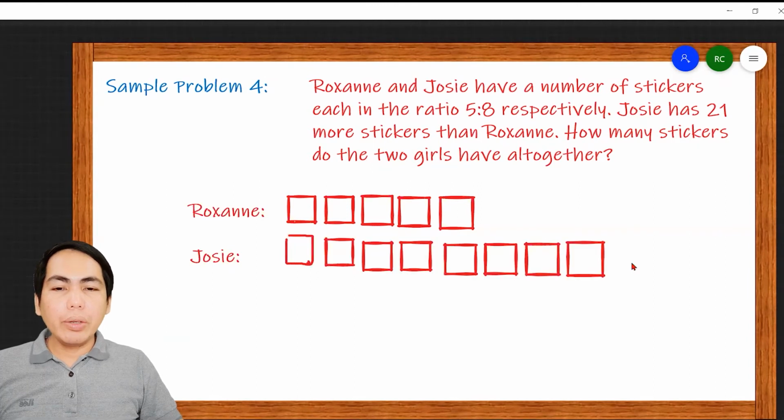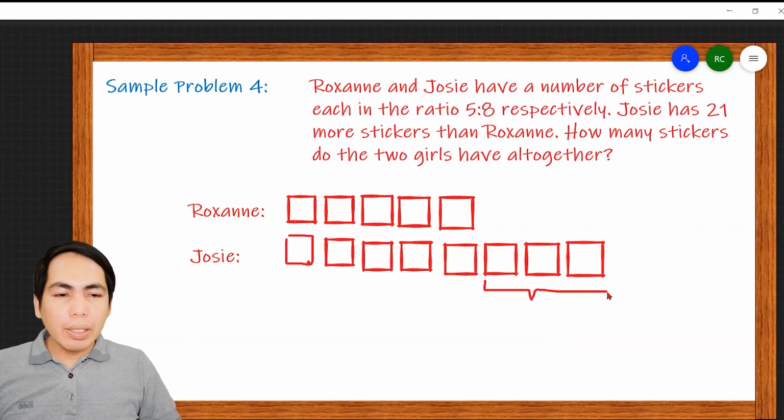So, based on the illustration, we can see that Josie has 3 more blocks compared to Roxanne. These 3 more blocks of Josie are equivalent to 21 stickers because Josie has 21 more stickers than Roxanne.